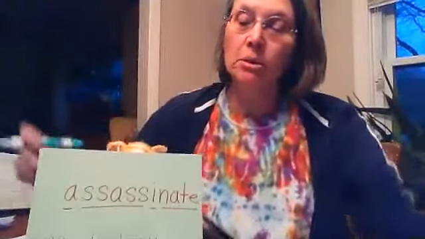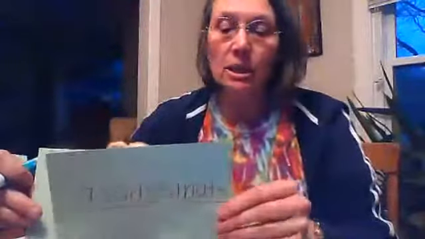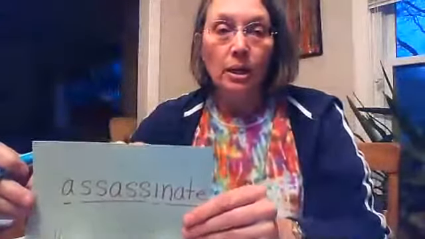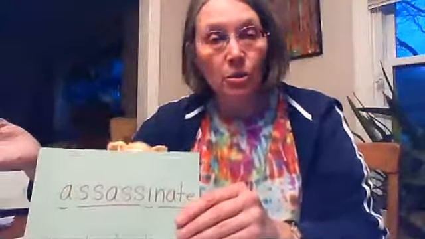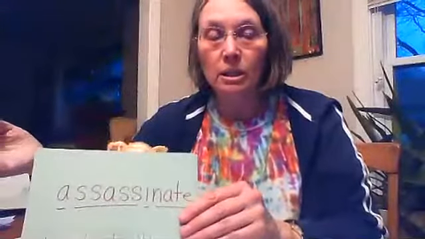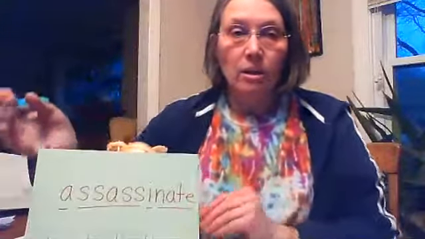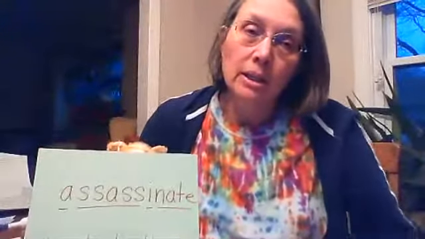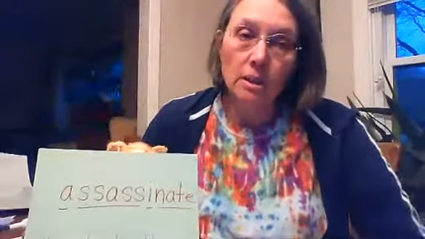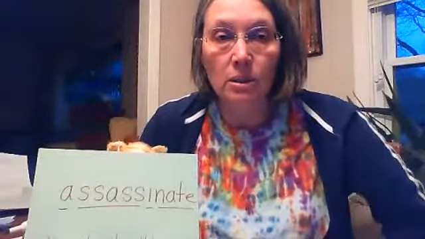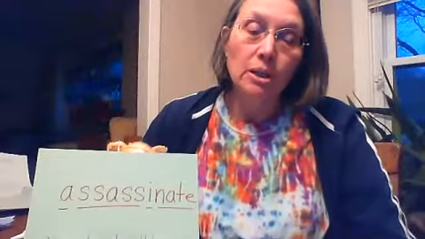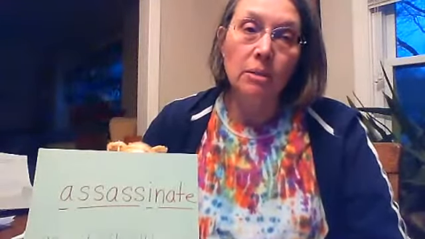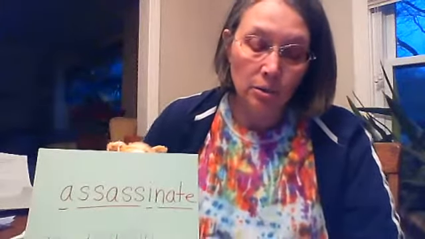Assassination is the murder of someone who is especially known or socially prominent in society, like in 1963 when John F. Kennedy was assassinated. He was killed. He was murdered. So in this case with Malcolm X, he was also assassinated or murdered.